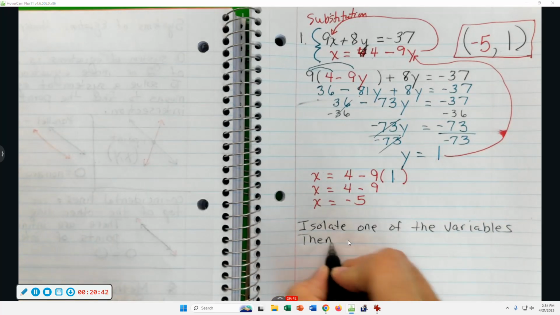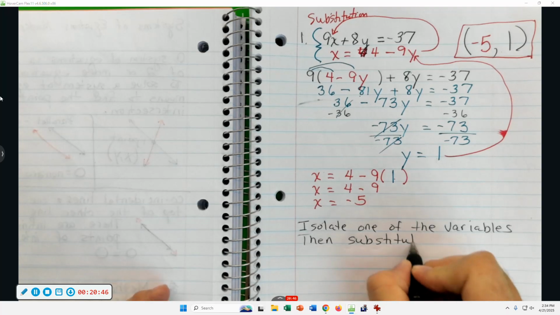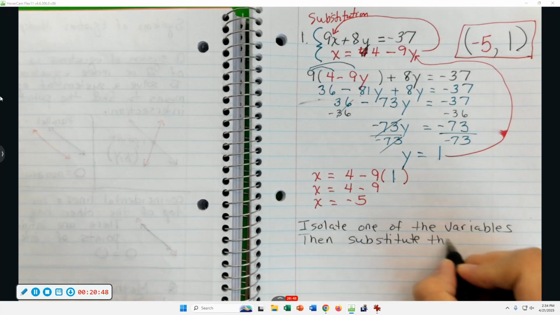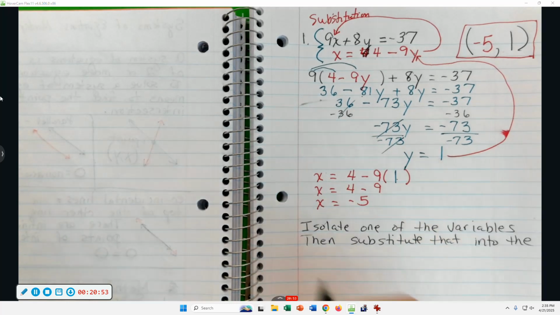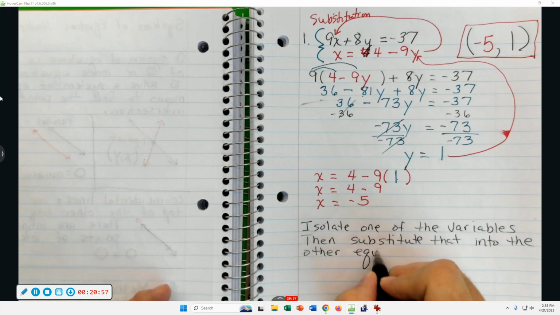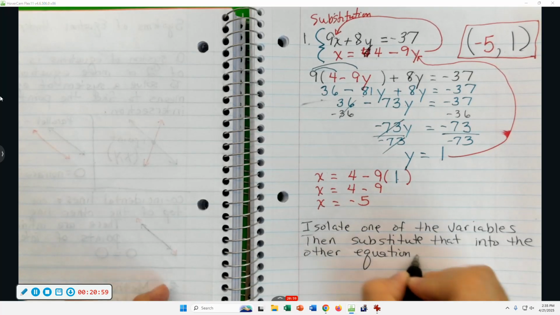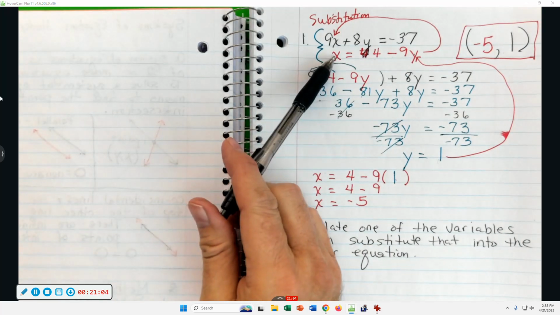Then substitute that into the other equation.